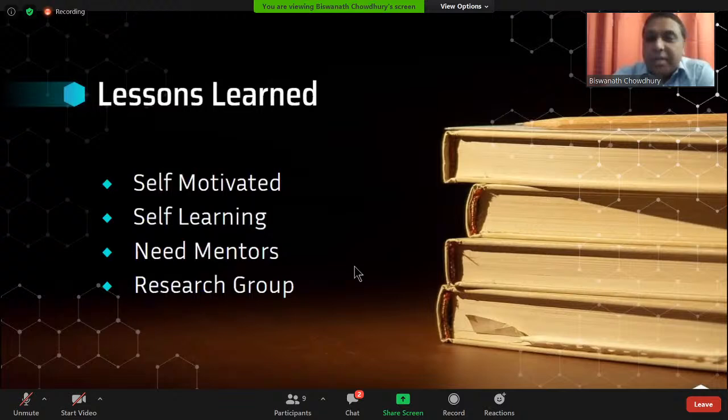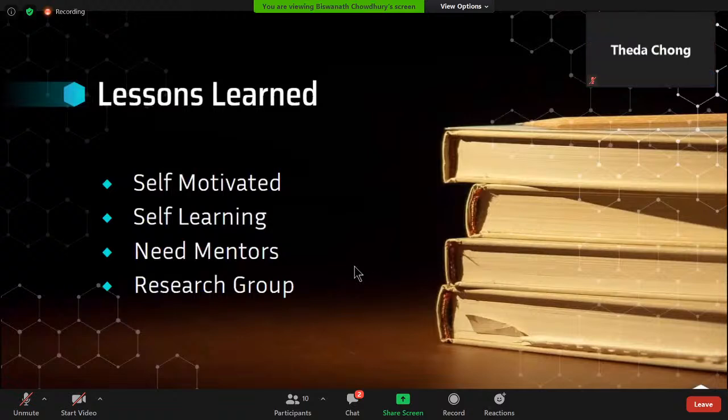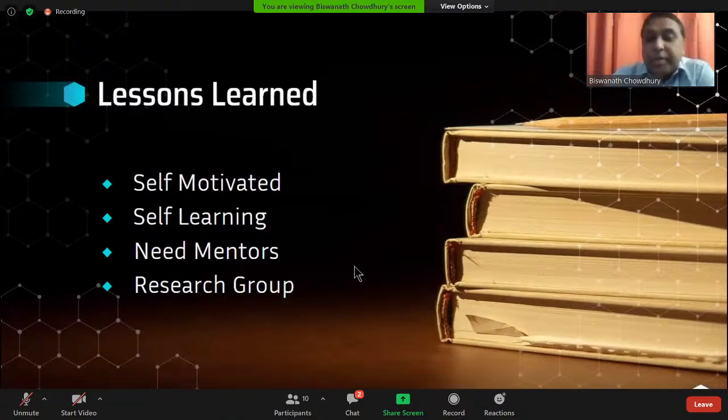For a lot of these advanced concepts, you did not have any coursework, and I had to learn things by myself. The other thing I learned was that it's very important to find a research group and to build a network within your university so that you can discuss your work and present your ideas to your peers.